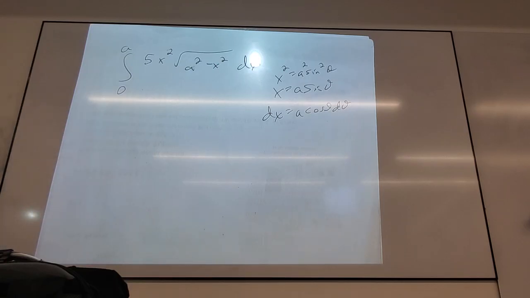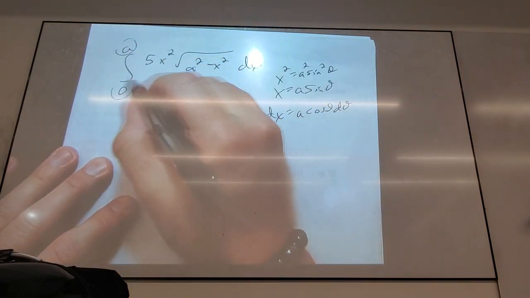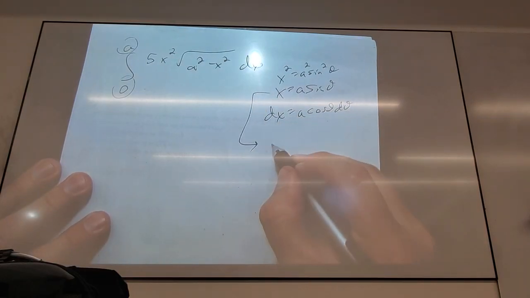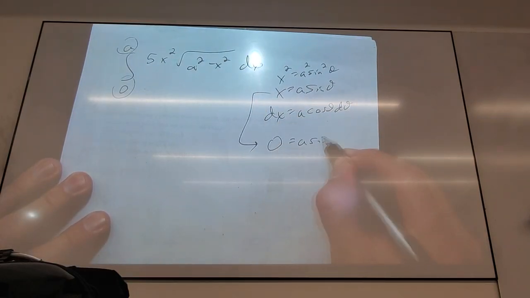Now real quick, before I go any further, I'm always gonna do this because of what I said earlier. Part of what I'm supposed to do as a Calc 2 teacher is to get you ready for Calc 3, which I also am teaching, so some of you guys might take my Calc 3 someday, so I want you to be ready. I want to change my limits, yes? You don't have to, but I recommend it. So when x is 0, what's theta?